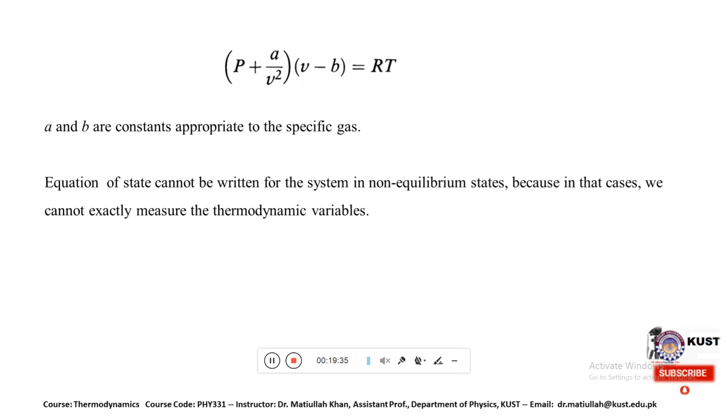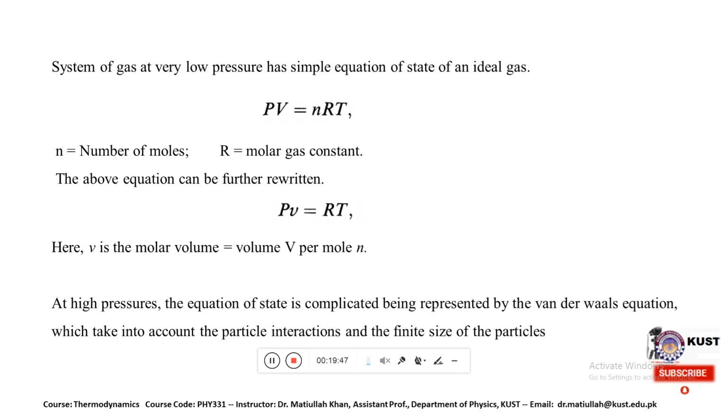So that is why, when we are discussing any system, we are discussing a system that is in equilibrium. All the equations we have discussed, just like PV = nRT for the ideal case at low pressure, are again for a thermodynamic equilibrium system.